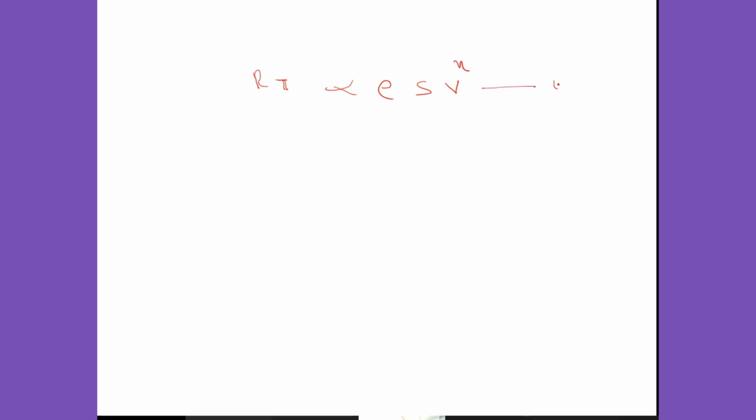This is an empirical relation, proportional to, not equal to. Which means the more the density, that is, when the vessel goes from freshwater to seawater, the total resistance will increase. It is also proportional to S. S is the wetted surface area.